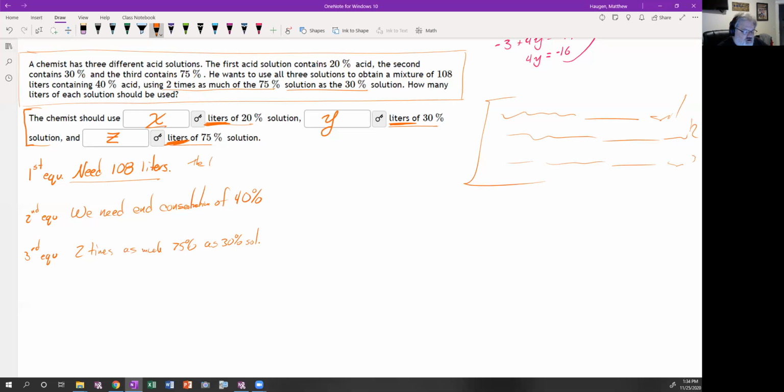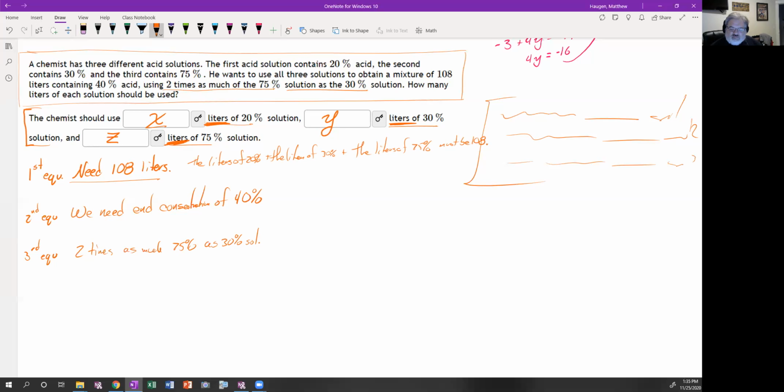We know the liters of 20% plus the liters of 30% plus the liters of 75% must be 108.